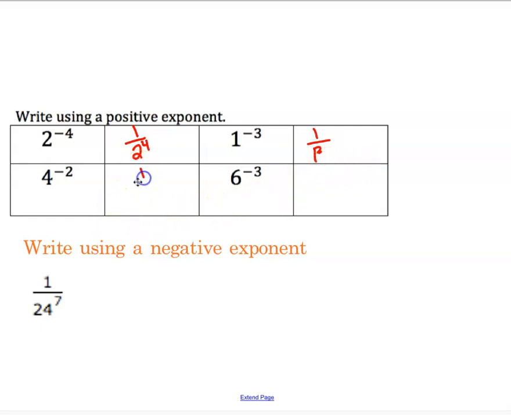The next one, drop the base, the 4, down to the denominator, make the exponent positive. And the last one, same thing, base down to the denominator, the exponent becomes positive. Now if I want to write it using a negative exponent, whatever is on the denominator, it comes up to the numerator, and the exponent becomes negative. So it's 24 to the negative 7th power.